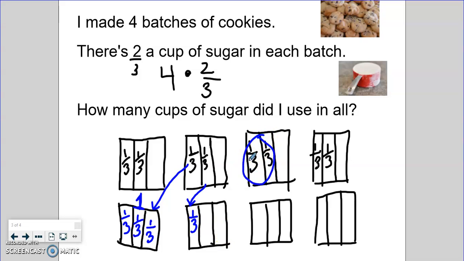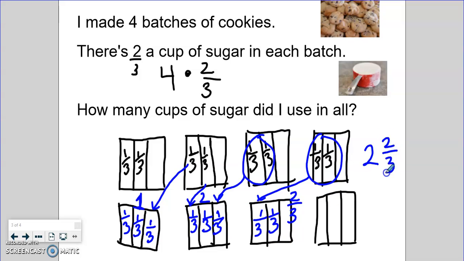Then I'm going to take these 2 pieces and move them here. 1/3, 1/3. So this one is now 2 wholes. Now I have these thirds left over, which I'm going to move to this blank spot here. So then I have 2 thirds left over. So my answer is 2 2/3.